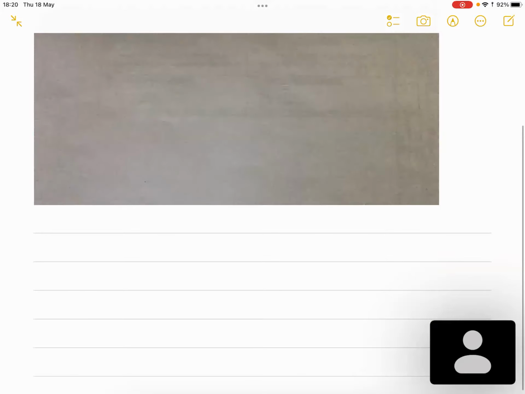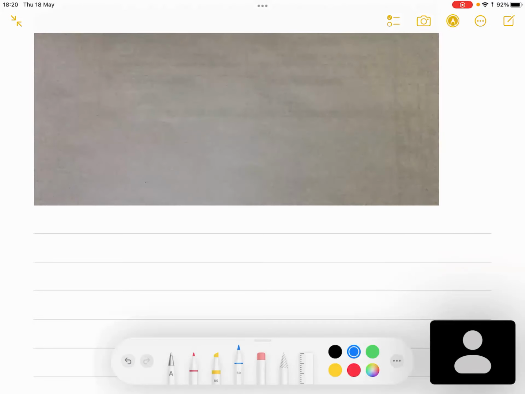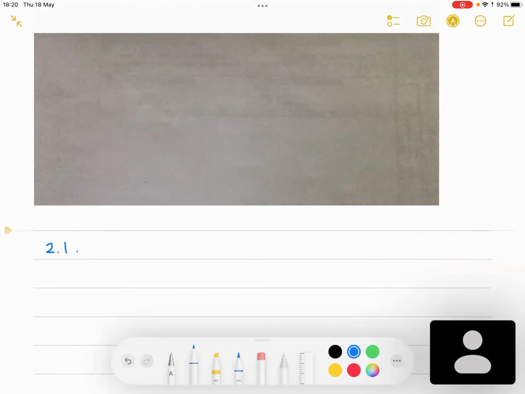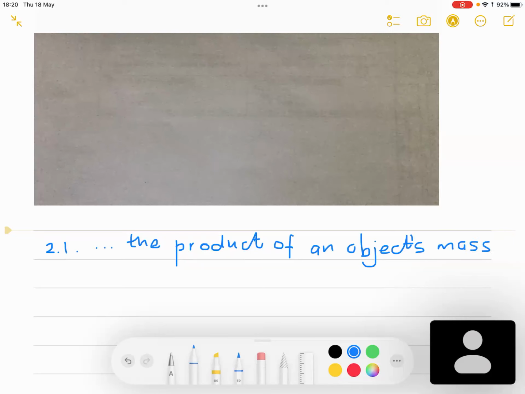Momentum is just the product of an object's mass and its velocity. So the velocity of the mass. Okay, that's what momentum is.